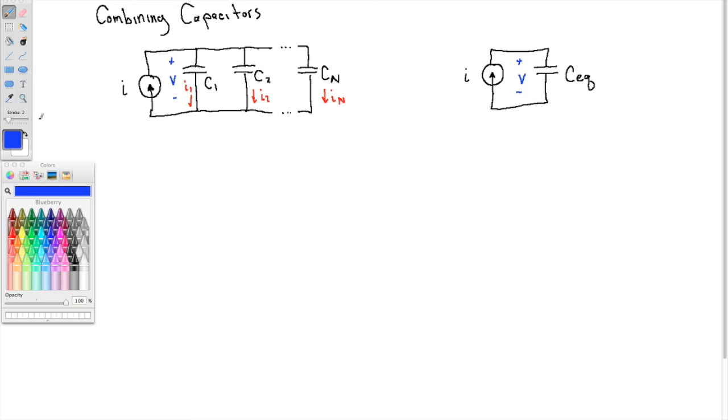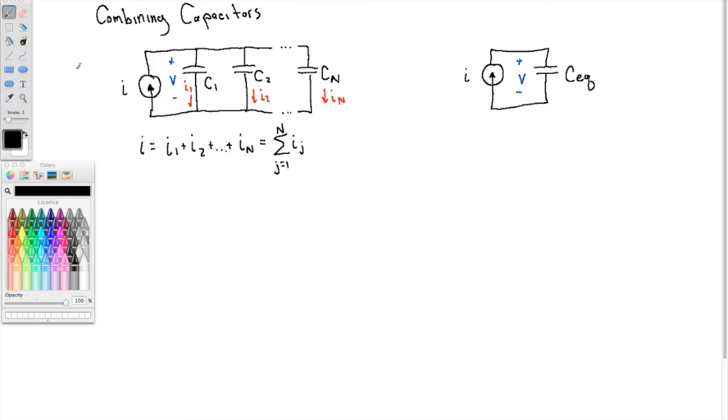All right, well, it must be true then, from Kirchhoff's current law, I is I1 plus I2 plus all of these currents, all the way to IN. And we can write this more compactly in sigma pi notation. Like that.